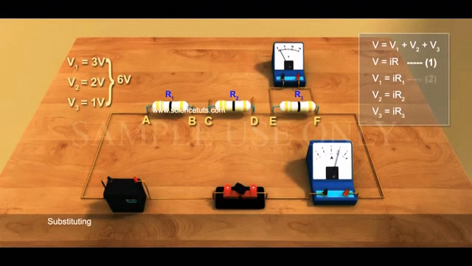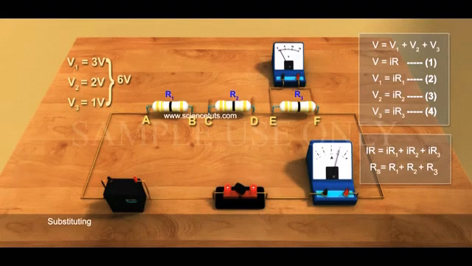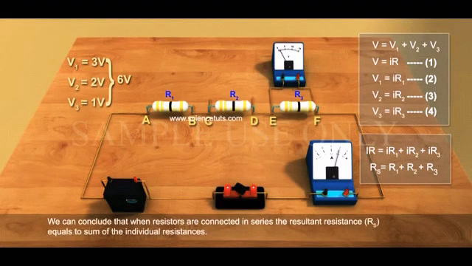Substituting 1, 2, 3 and 4 in equation A, we get IR is equal to IR1 plus IR2 plus IR3, or Rs is equal to R1 plus R2 plus R3. We can conclude that when resistors are connected in series, the resultant resistance Rs equals the sum of the individual resistances.